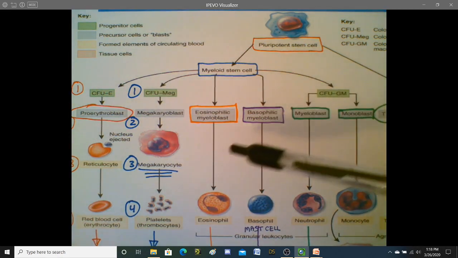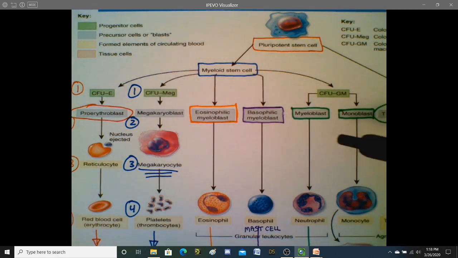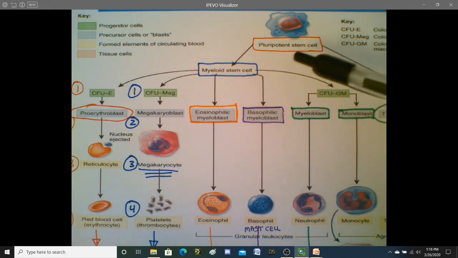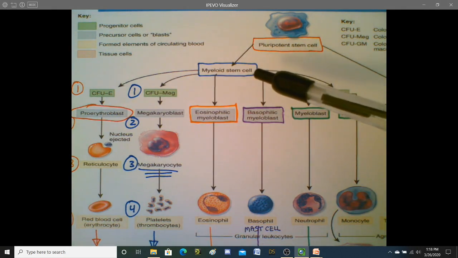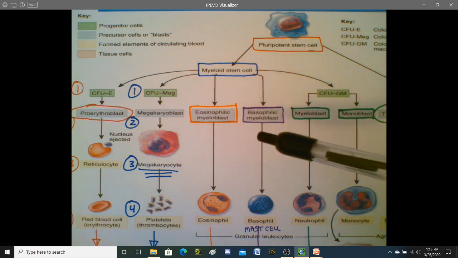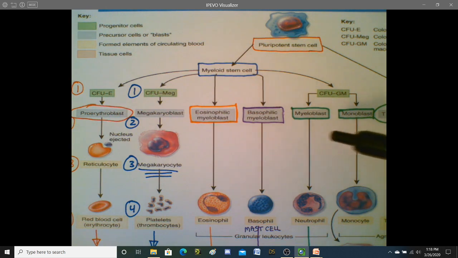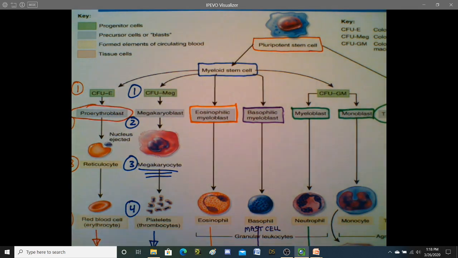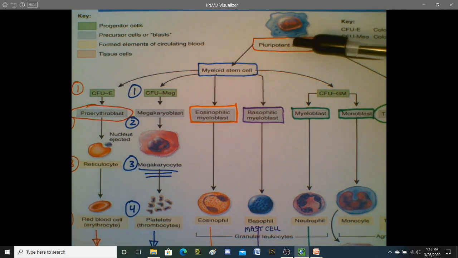Now, if we need to make white blood cells or leukocytes, the pluripotent stem cells differentiate into myeloid, and then those myeloid stem cells can differentiate into eosinophils, basophils, neutrophils, or monocytes. All right. So you need to know this pathway.